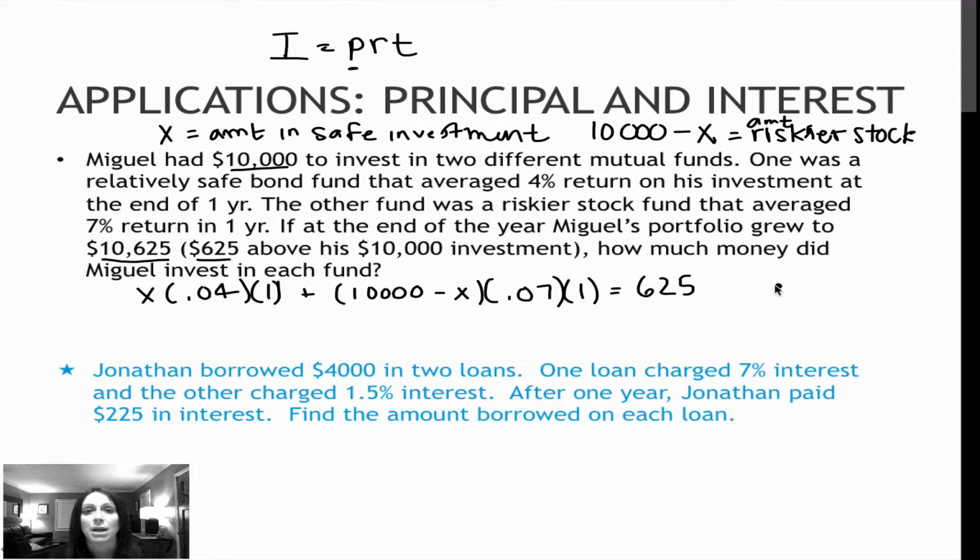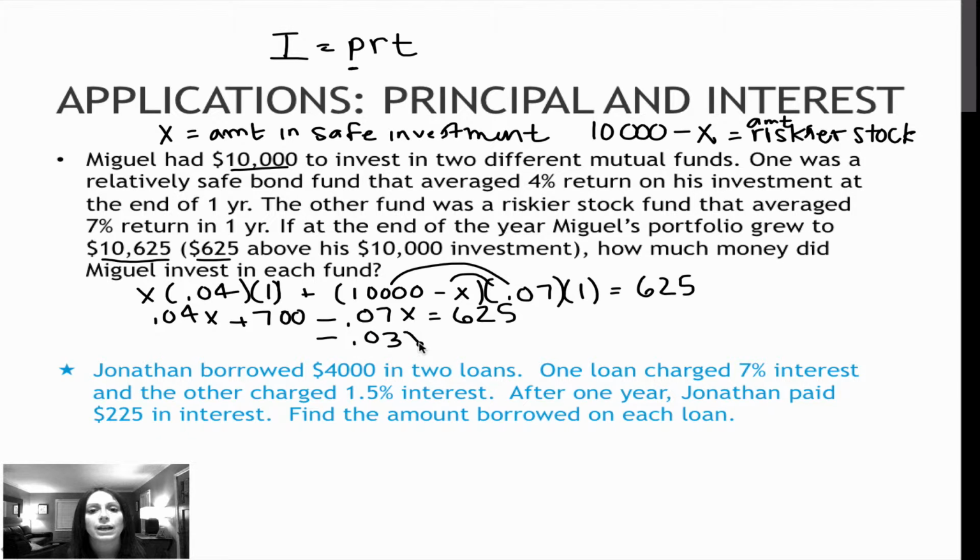Now it's just a matter of doing the algebra. X times 0.04 times 1 is 0.04X. I'm going to distribute, so 10,000 times 0.07 is 700, minus X times 0.07 is minus 0.07X, equals 625. On this side, I'm going to combine 0.04 and negative 0.07, which gives me negative 0.03X.